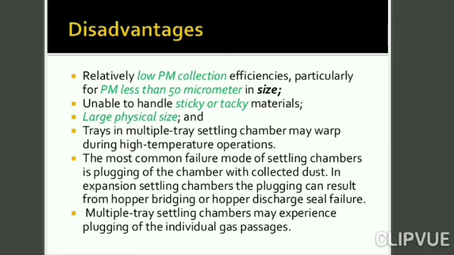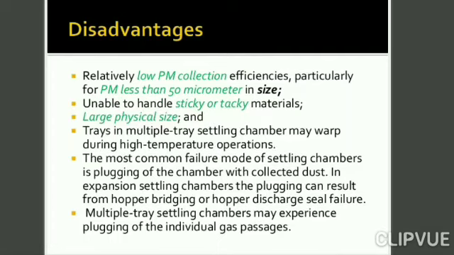The most common failure mode of a settling chamber is plugging of the chamber with collected dust. In an expansion settling chamber, the plugging can result from hopper bridging or hopper discharge seal failure.